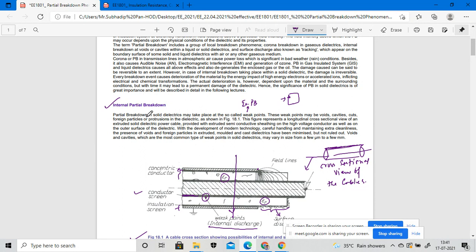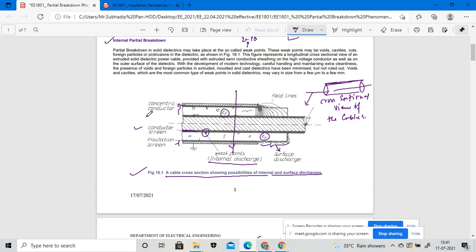There will be different partial breakdowns. One is internal breakdown, another is surface discharge breakdown, which will occur due to certain voids or cavities or cut sections generated inside the cables due to low maintenance. So that we will discuss today.